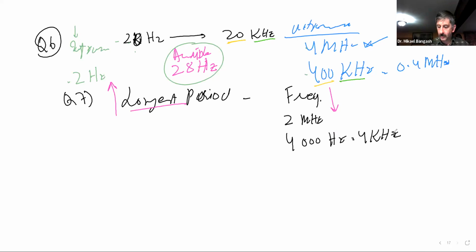Clear? Then we go to the next one, 6 hertz. Clear? And then the next one is 1 kilohertz, where this 1 kilohertz is 1,000 hertz as well. Clear?